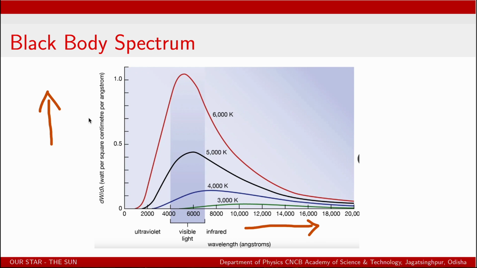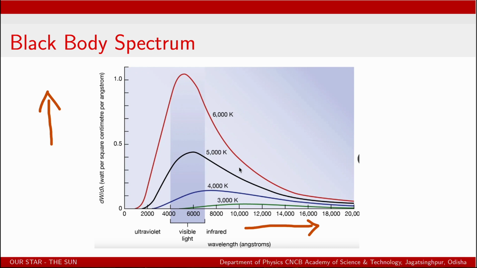This is the radiation from a black body. For a black body at 6000 Kelvin, the peak is around 500 nanometers, so 5000 angstrom. It is in the visible region. For 5000 Kelvin also it's shown, the peak will be more towards 6000 angstrom, and as we lower the temperature, the peak shifts to a higher wavelength.